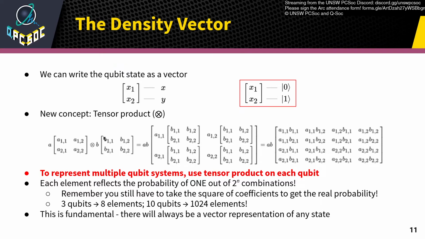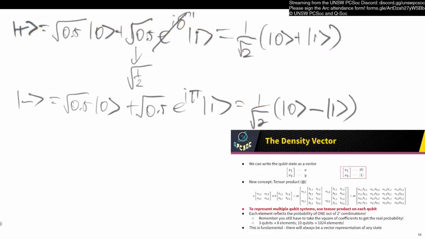Plain numbers outside will just undergo plain multiplication. If you want to represent not just one qubit, which is what we've been talking about so far, but multiple qubits, you have to use the tensor product on the state vectors of each qubit. Let me demonstrate how this is done.